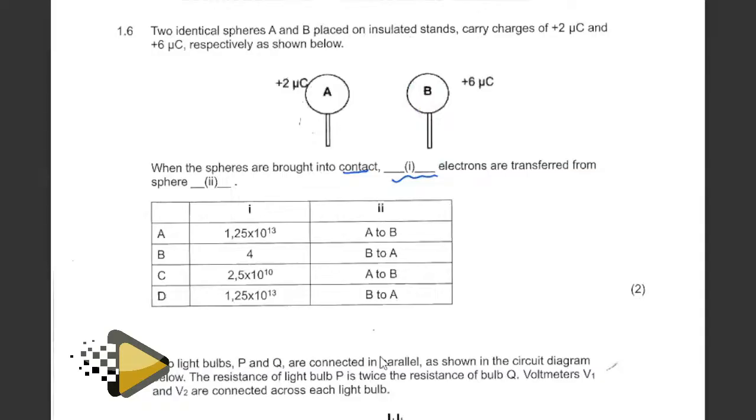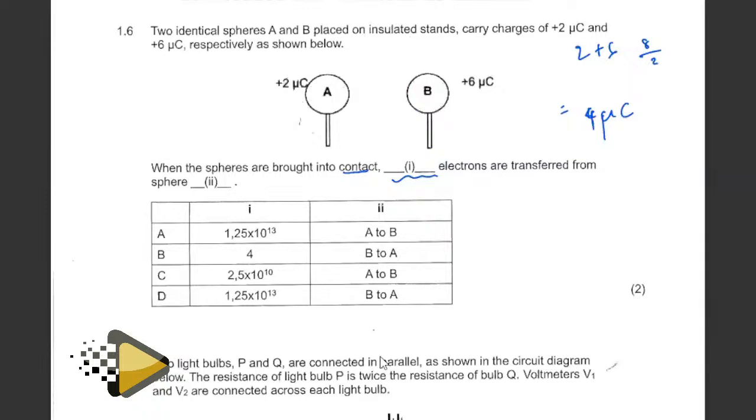So one thing we need to know is that when the two get into contact, we shall have 2 + 6, we get 8, and then we divide by 2, which means each sphere will walk away with +4 microcoulombs.